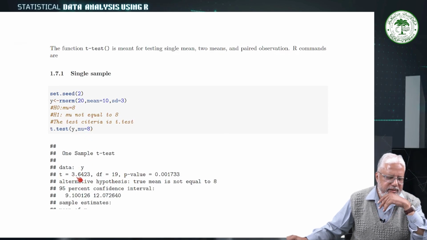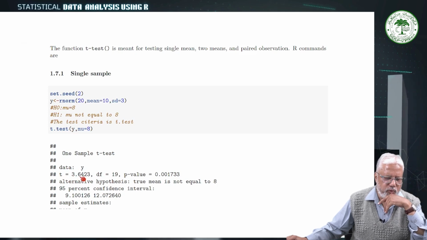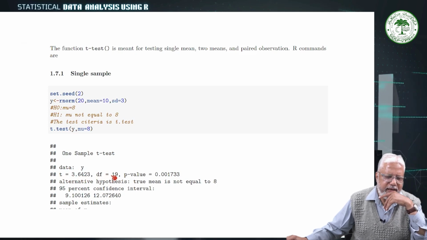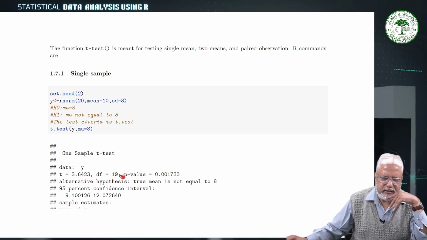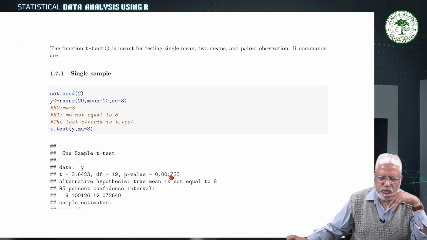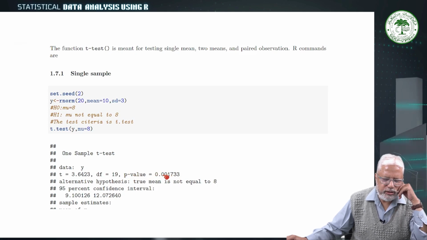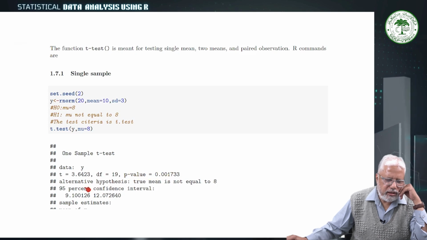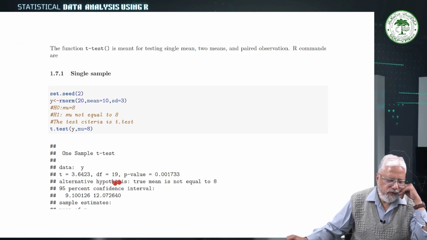The value of the t statistic is 3.64 and the degree of freedom is 19, because the number of observations is 20, so 20 minus 1 is 19, and the p value is 0.001733. So it is much less than 0.05. The alternative hypothesis: true mean is not equal to 8.